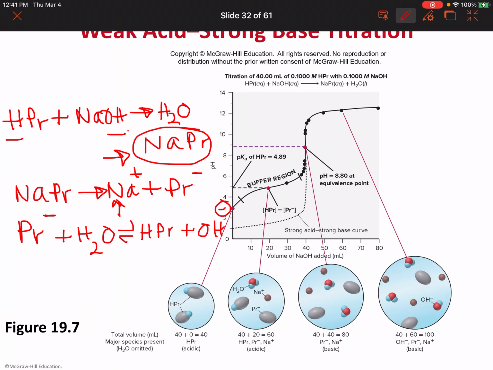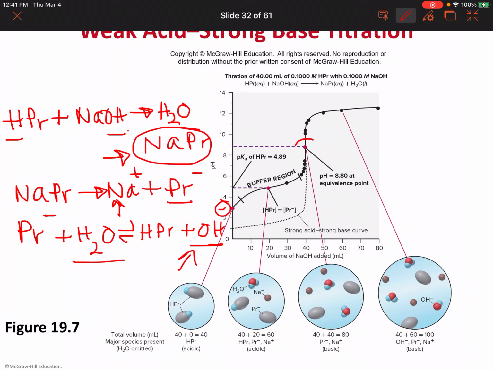Right? So since it adds hydroxide ions to the solution, at the equivalence point the solution is going to be basic. The equivalence point will occur at a basic pH. As soon as you have made a propionate anion, it's going to react with water and make a basic solution, hydroxide.